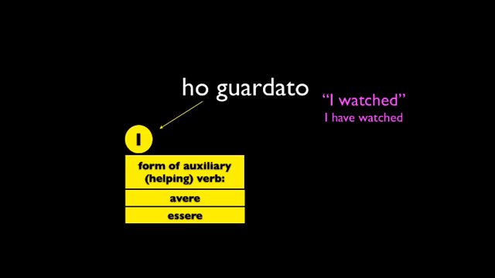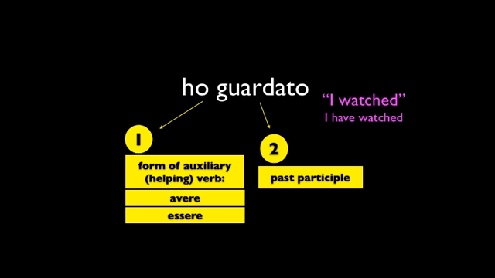You need the auxiliary or helping verb, which is a form of avere or essere, and you also need something called a past participle, which is kind of a verbal adjective. Taken by itself, it means having watched, but when you add a helping verb to it, it conveys the sense of an event that occurred in the past, like I watched.